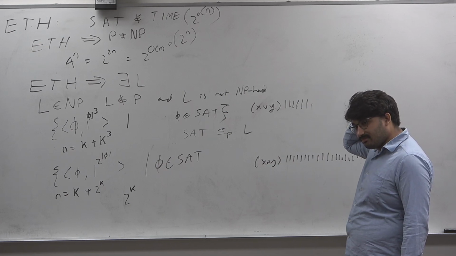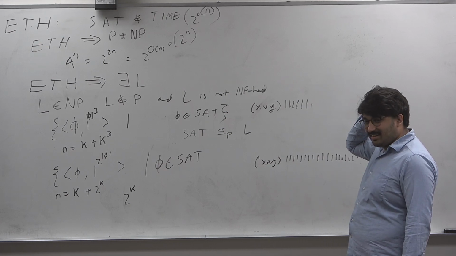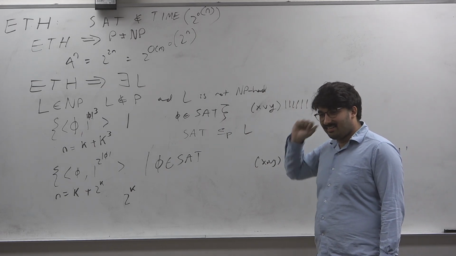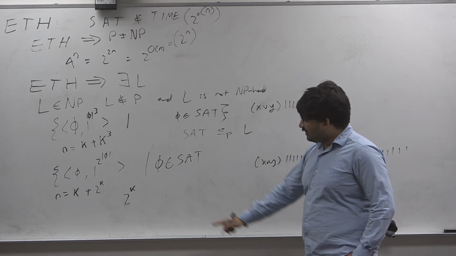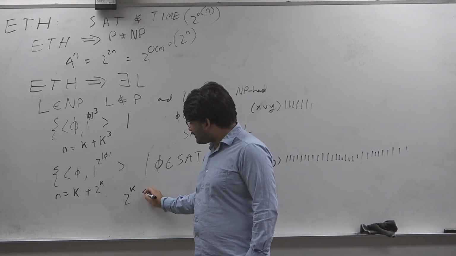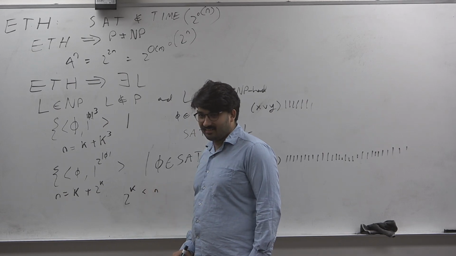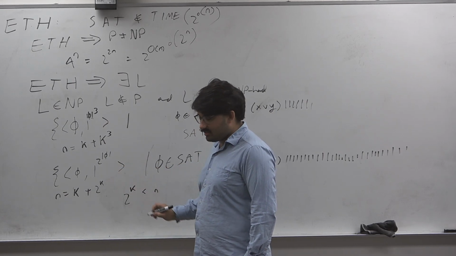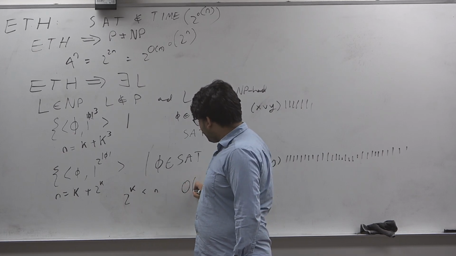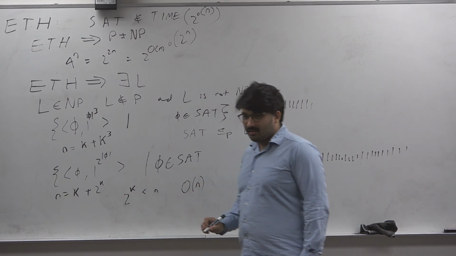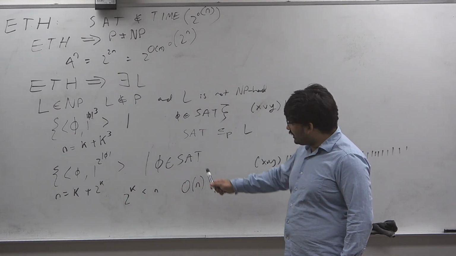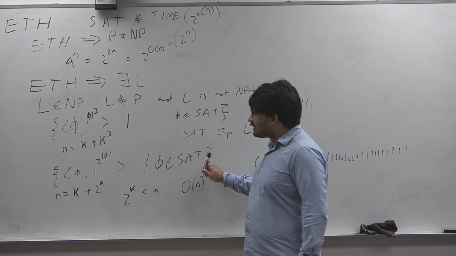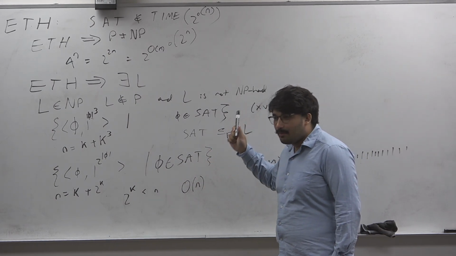Function of just n. 2 to the k is actually less than n, right? So as a function of the input size, this language can be decided in polynomial time.